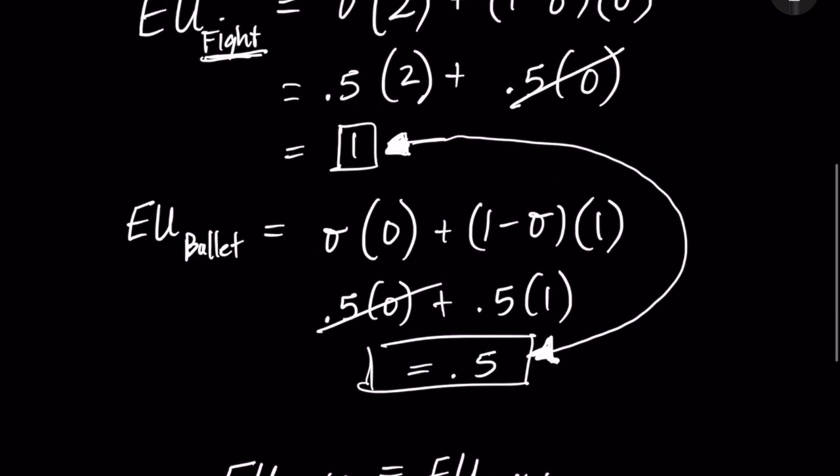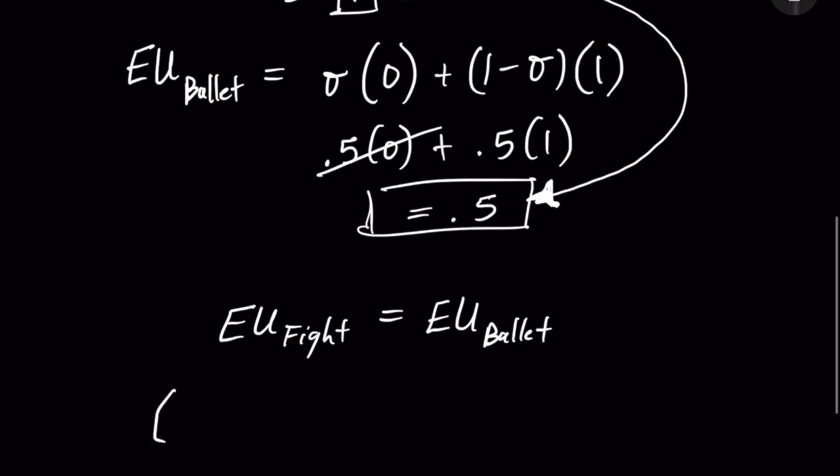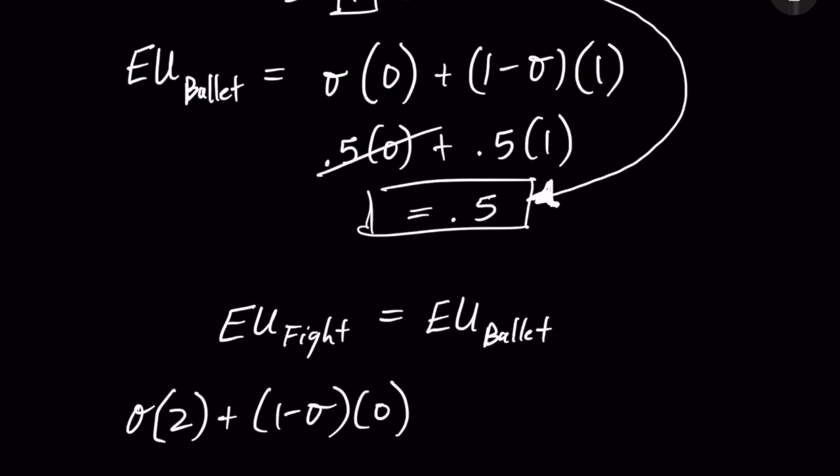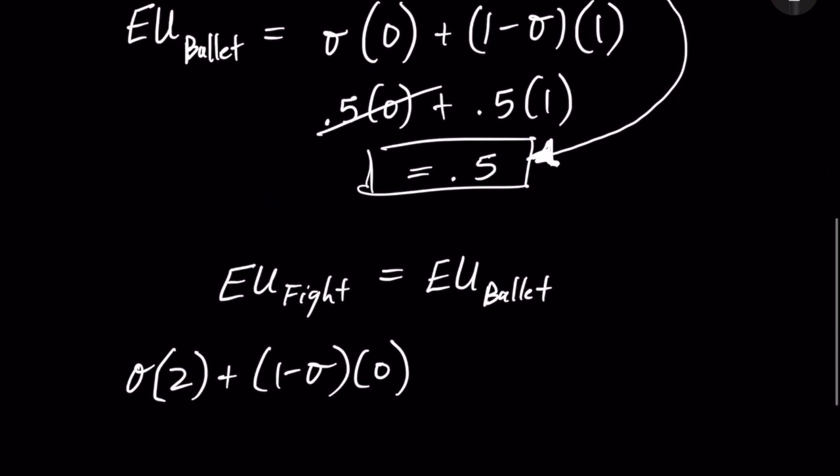So the expected value of fight here, we have sigma times 2 plus 1 minus sigma times 0. So that's the expected value of fight. That was up here, right? So we're plugging that in here, and then we set that equal to the expected value for ballet, which is right up here.